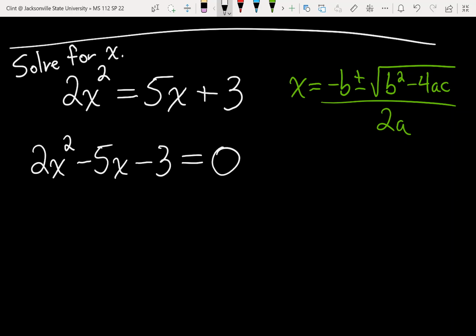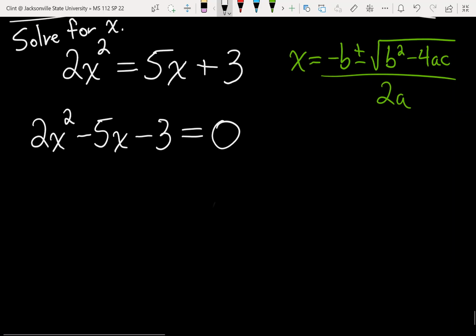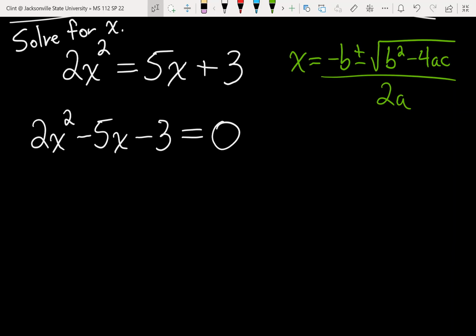Anybody do this by factoring? Everybody, okay. All right, so we'll do the quadratic formula then. A is 2, B is -5, C is -3.